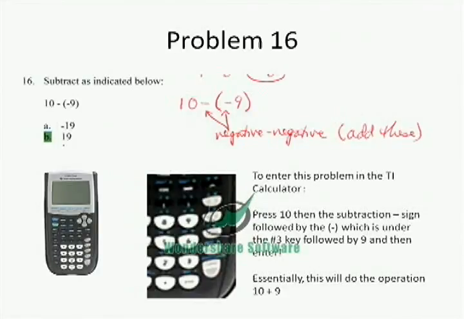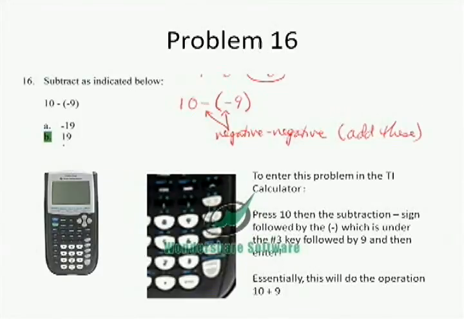I could go into a lot of detail on this, but it would take a while, and it's really not that important. If you don't believe it, you could go to the graphing calculator again. I talked to you about that button that's right underneath the 3. So how I would do this on the graphing calculator is I would enter 10. Then I would hit the subtraction sign because that's what the problem says, subtract.